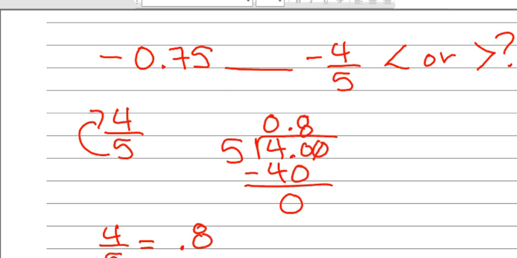So let's compare these two. Is that less than or greater than? And you just change that negative 4/5 over to negative 0.8. I'm going to put the negative in there now.